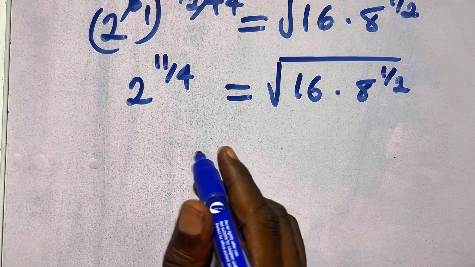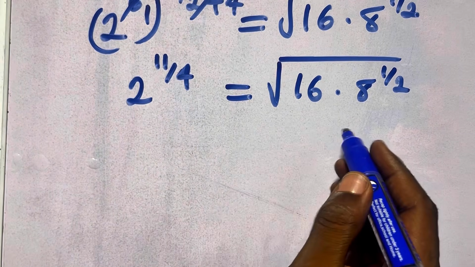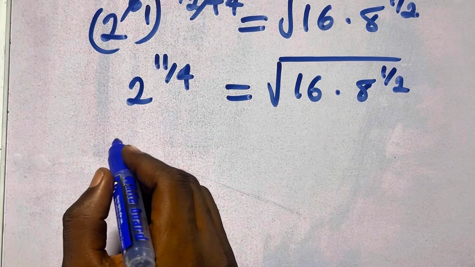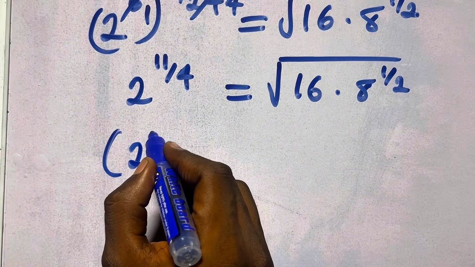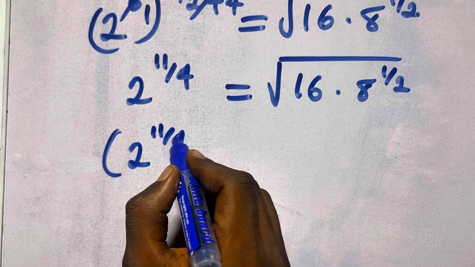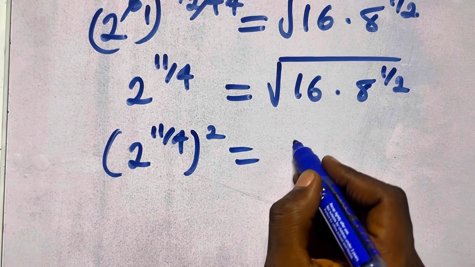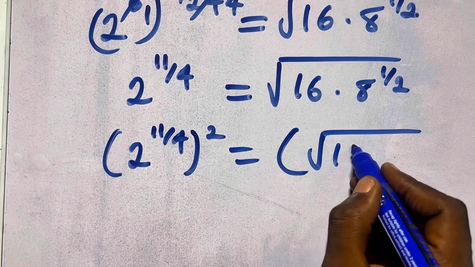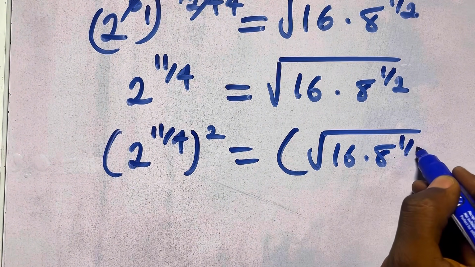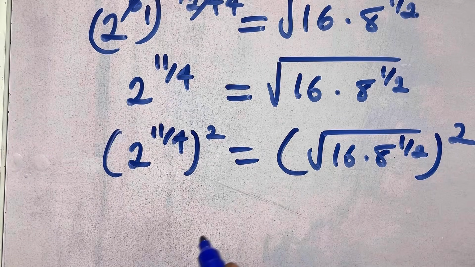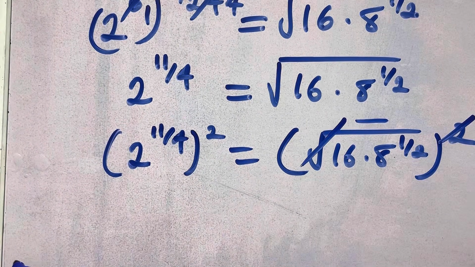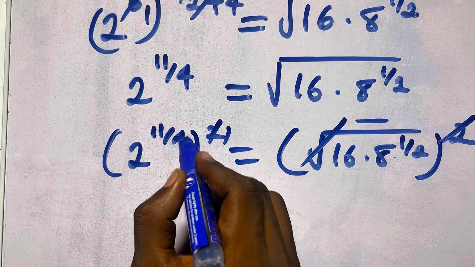Now we can square both sides. If we square both sides, we have 2 raised to the power 11 divided by 4, squared, and square root of 16 multiplied by 8 raised to the power 1 over 2, squared. We cancel out the square and the square root, and 2 times 1 over 4 gives 1 over 2.